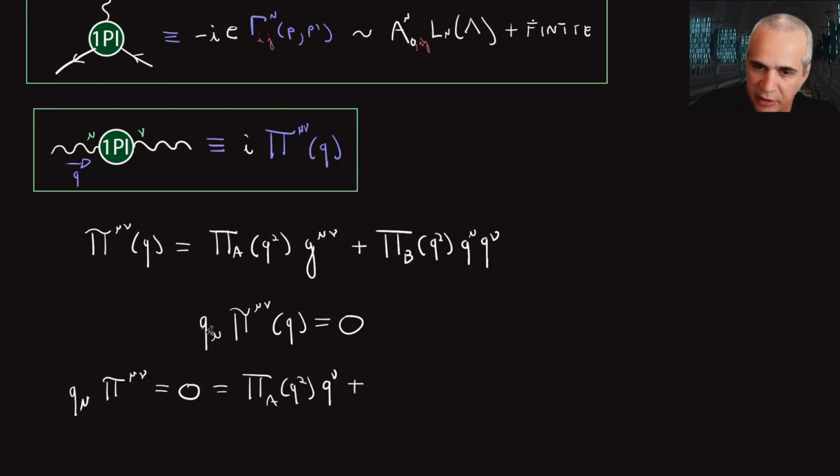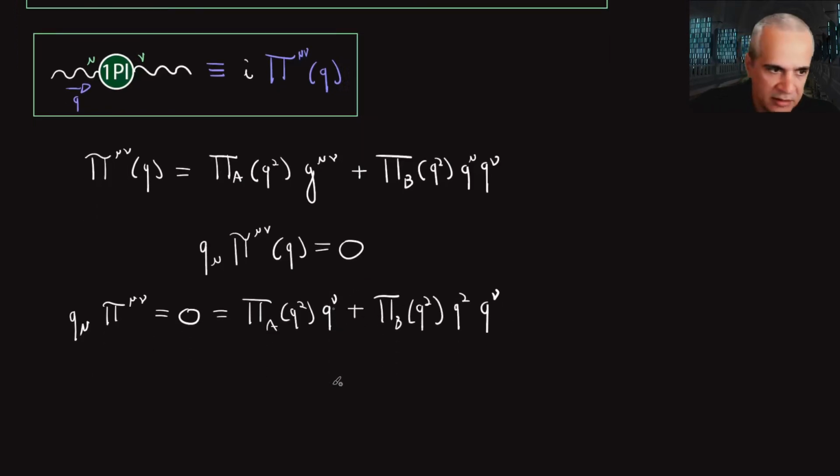And here q mu will contract with this other q mu right here, and we get pi b of q squared times q squared q nu, right? And this needs to be equal to 0 for any value of q, right?